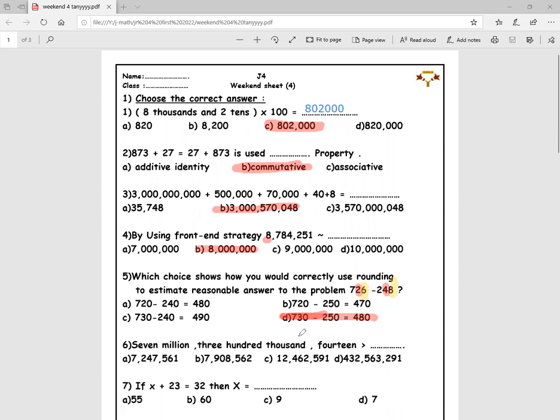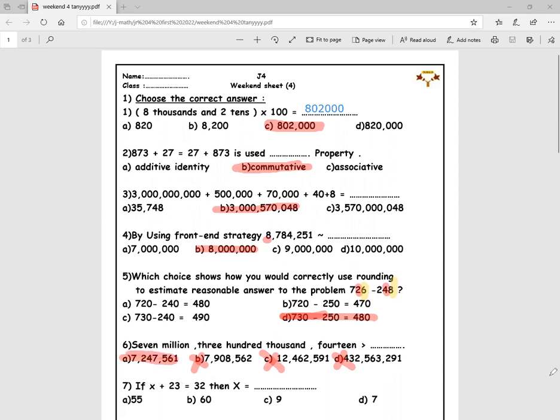It can't be because 12 million is greater than 7 million, so this will not be a right answer. Here 432 million, so it's also greater than 7 million, so this is not a good answer. Now let's check between these two answers, A and B. Here 7 and 7, 2 and 9. If I choose 9, this would be a number greater than this, so this would also be a wrong answer. So my final answer would be number A.